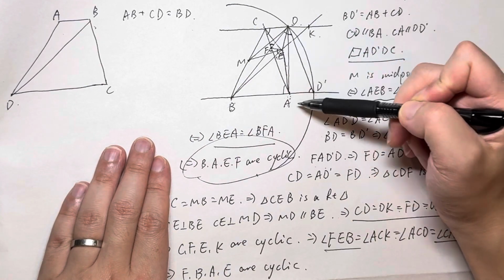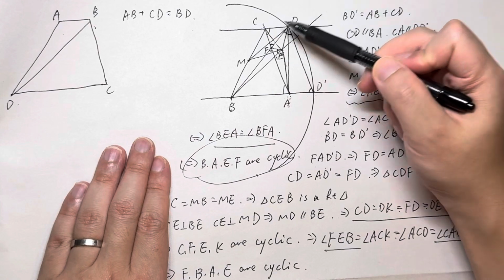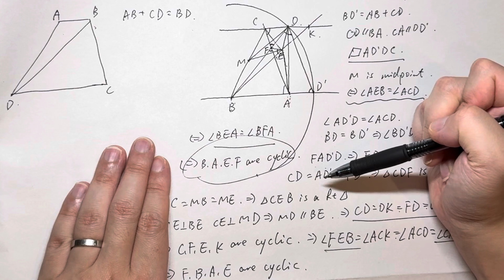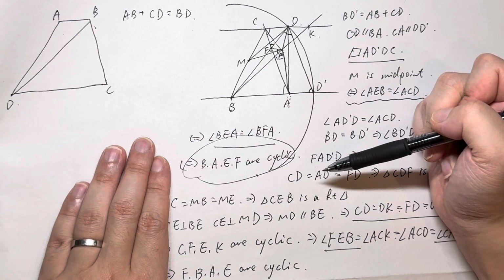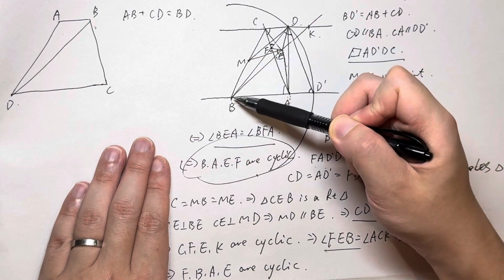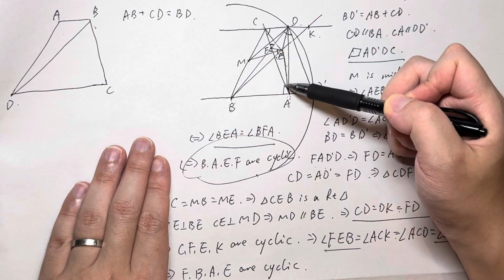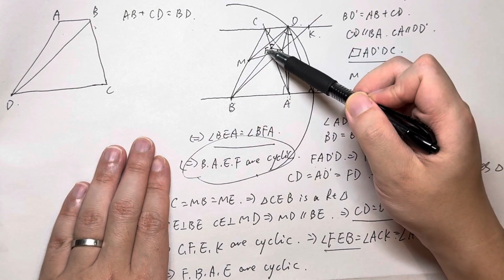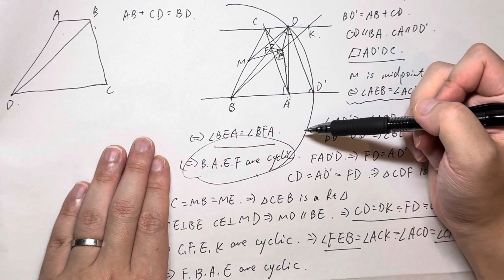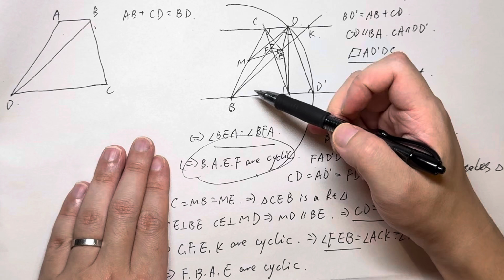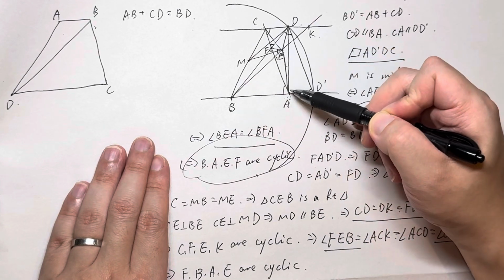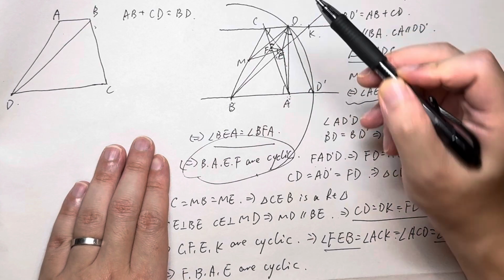And based on that, we conclude that CFEK are cyclic. Then we do the angle chase. We find that angle FEB equals this angle and equals this one. Eventually, we prove that FBAE are cyclic as well, and then it's easy to show that angle BEA equals angle BFA equals angle ACD.